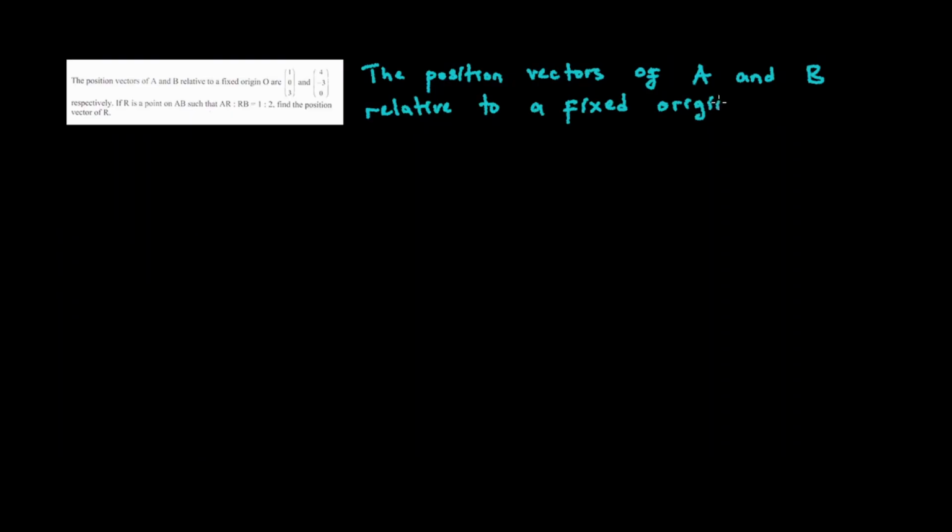So question yedu iri kuti the position vectors of A and B relative to a fixed origin O are 103 and 4 minus 30 respectively.